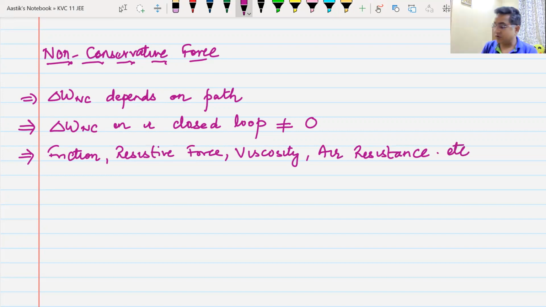So, for a non-conservative force, you will have to see what path you are moving on because they depend on path. Do we understand this? Yes or no? The points about conservative and non-conservative forces.